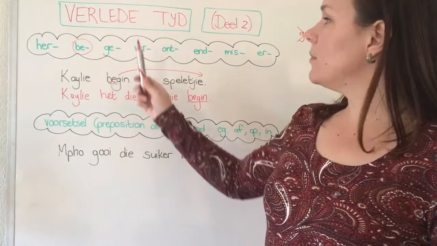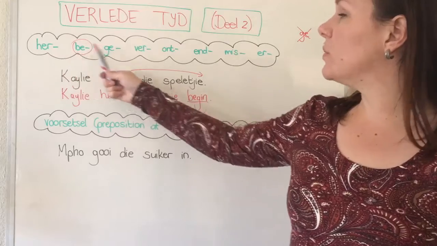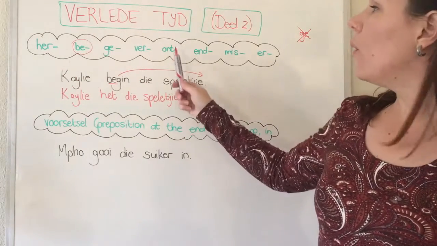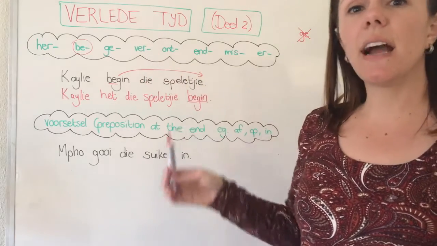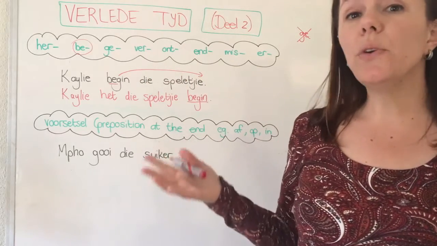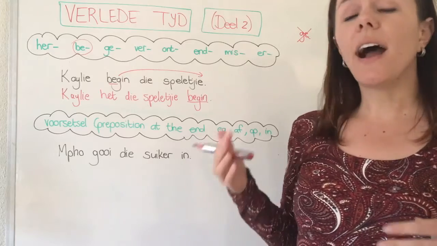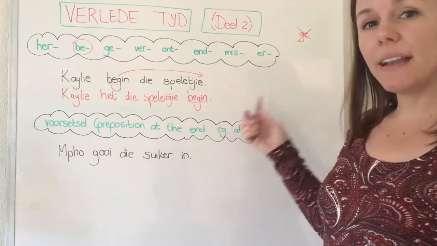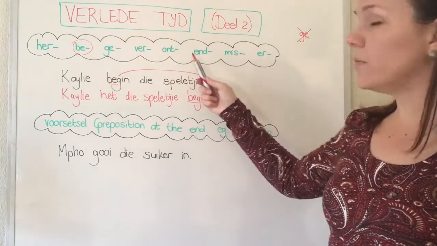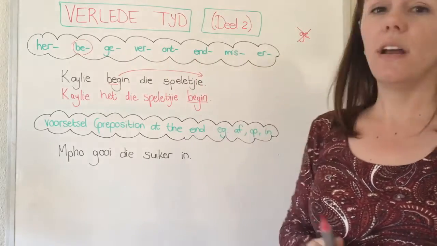It will be the same with any verb that starts with one of these guys. Ont like ontleed, ver like vergeet. I cannot say, ek het my boek gevergeet, juffrou. I can only say, ek het my boek vergeet. We don't add ge to verbs that start with those.